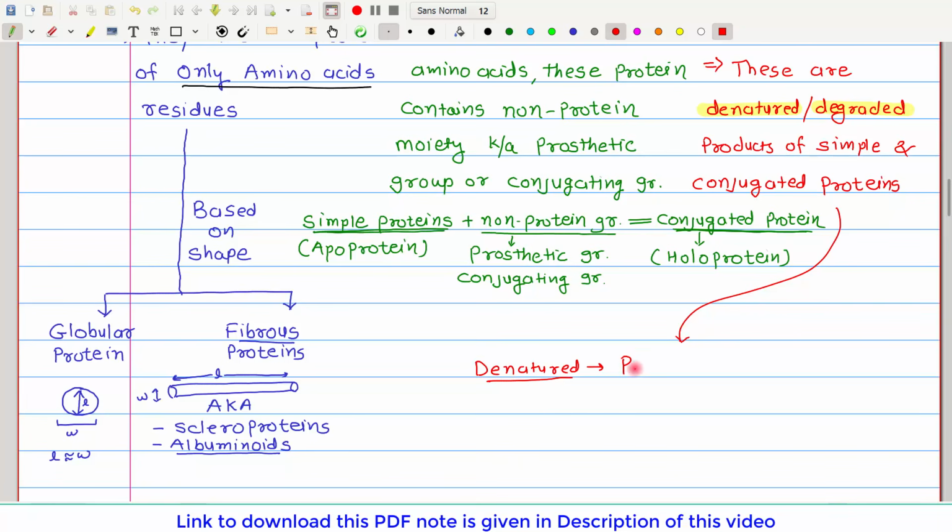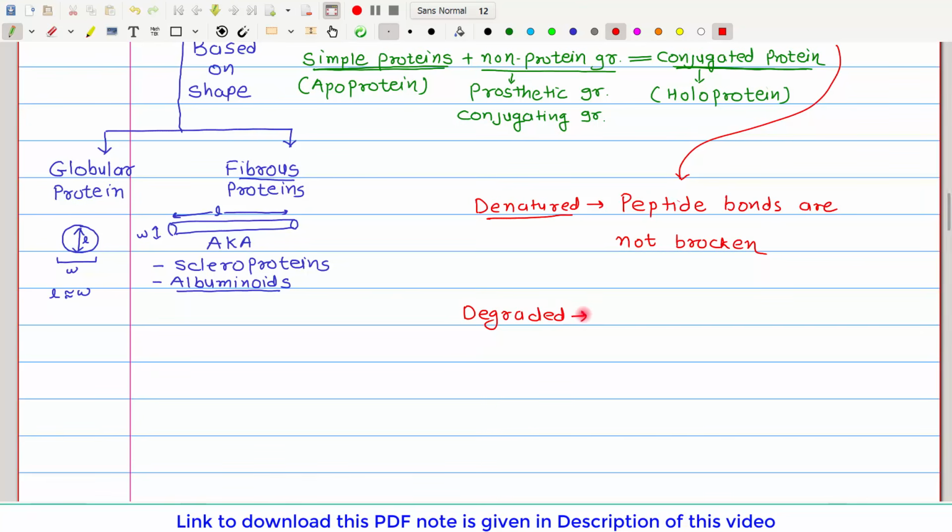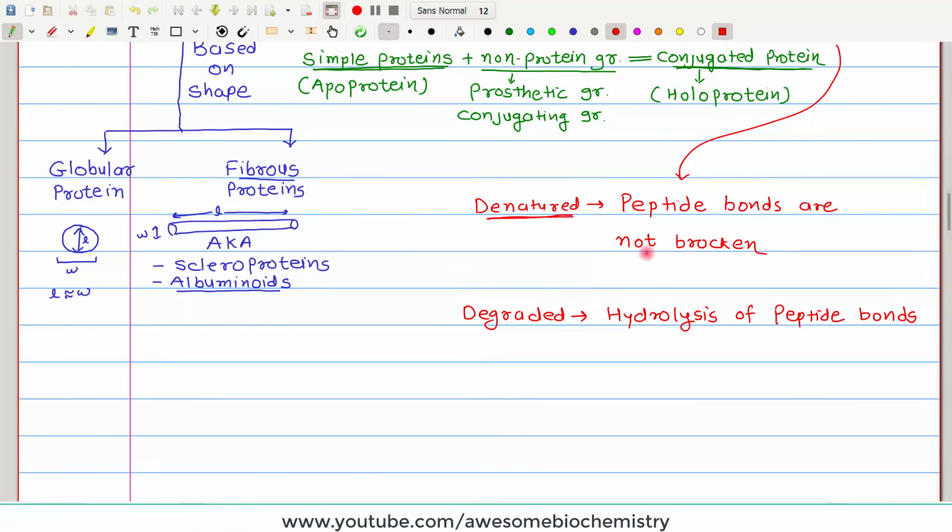That means peptide bonds are not broken down in case of the denatured one. Whereas degraded means hydrolysis of the peptide bond is there. In other words, you can say that in case of denaturation, there is no shortening of the polypeptide chain, whereas in case of degradation, there is a shortening of the polypeptide chain. So these two words have totally different meanings.